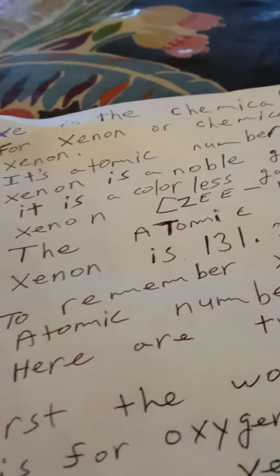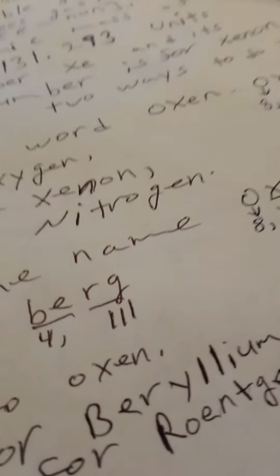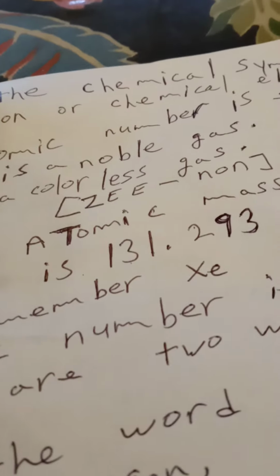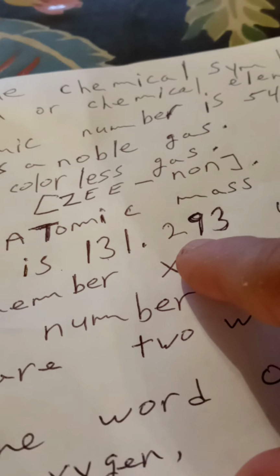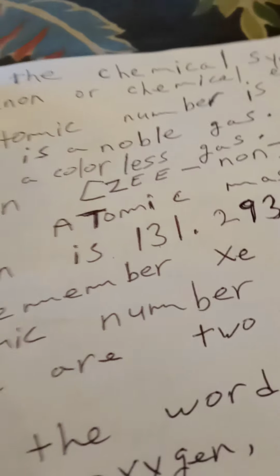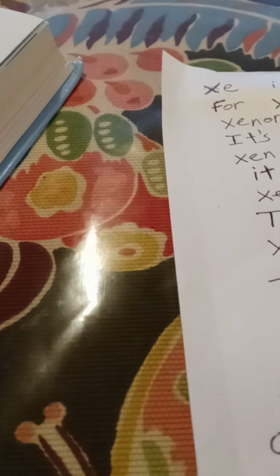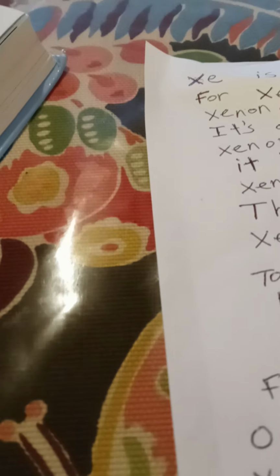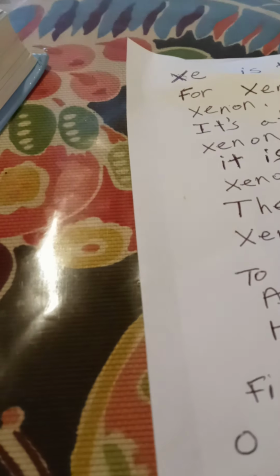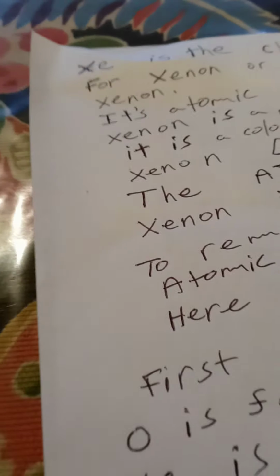The atomic mass of Xenon is 131.293 units. But as we know, the atomic number is 54.